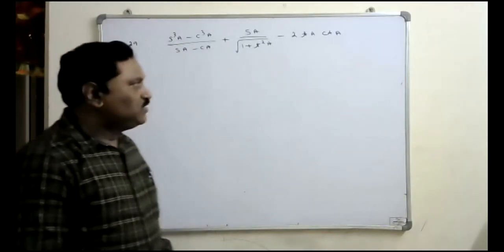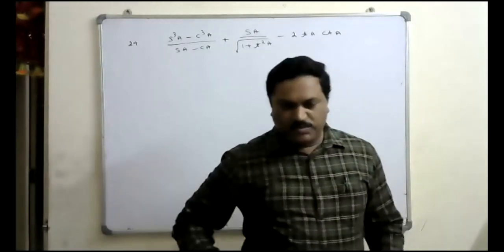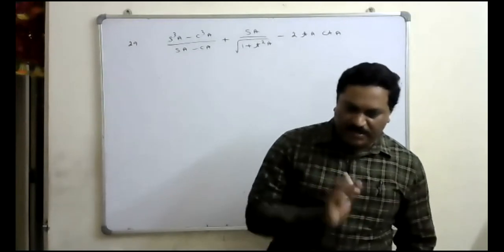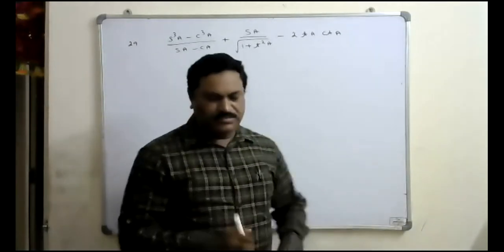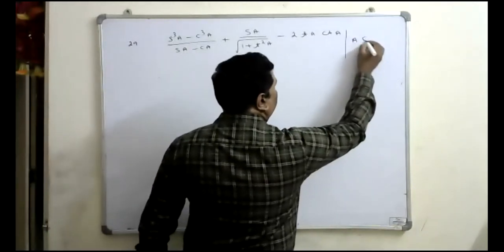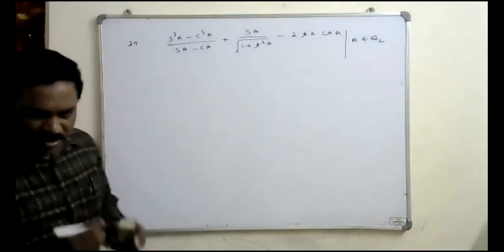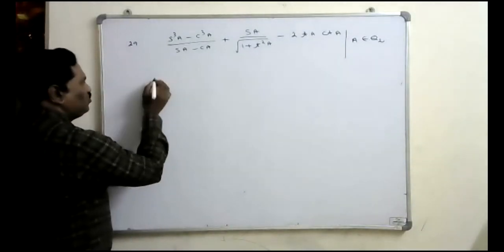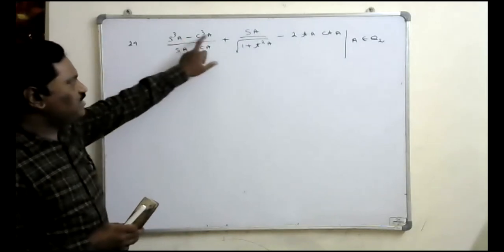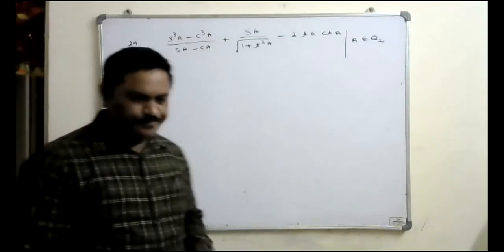Since it is given that A is an obtuse angle, obtuse means more than 90. If A is more than 90, in which quadrant does A lie? Second. Indirectly they have given that A lies in the second quadrant. Now, the numerator is in the form of A cube minus B cube.